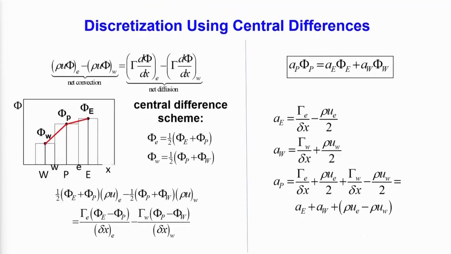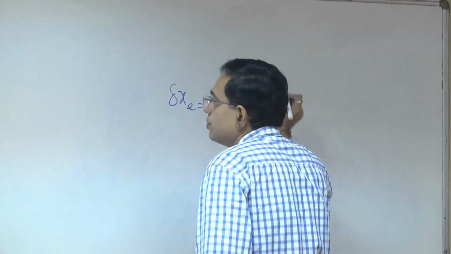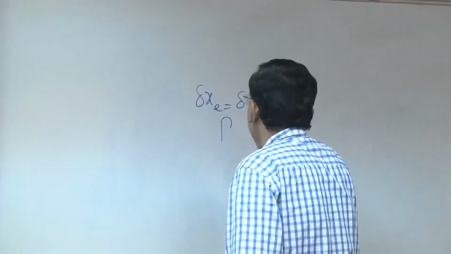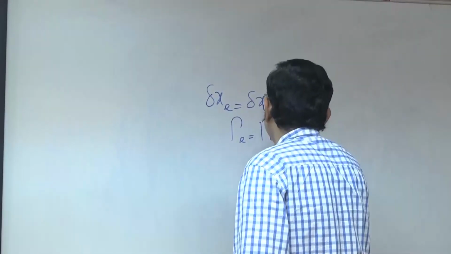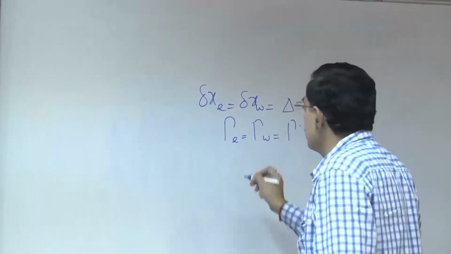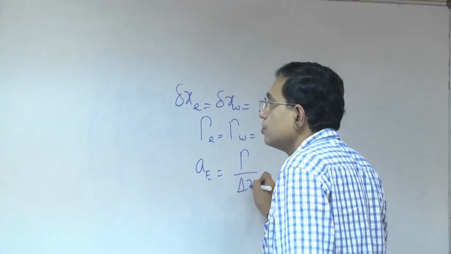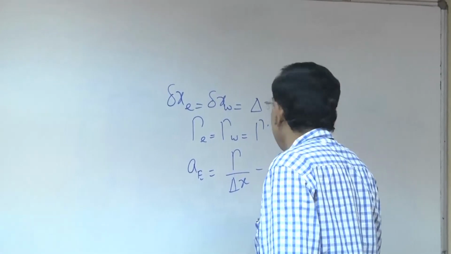So, that means that for this scheme to work, what you need to have. So, we have taken as an example delta x E equal to delta x W is equal to delta x. So, your rho and say gamma E is equal to gamma W equal to gamma. Let us say this all are the same. So, then your AE will be equal to gamma by delta x minus rho UE by 2.